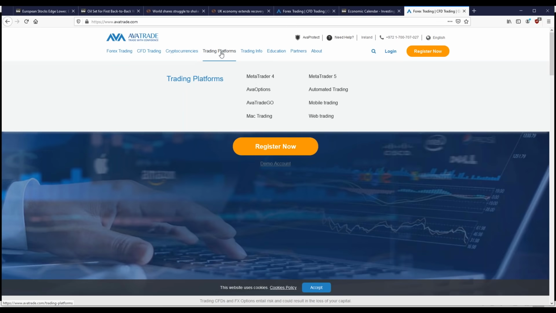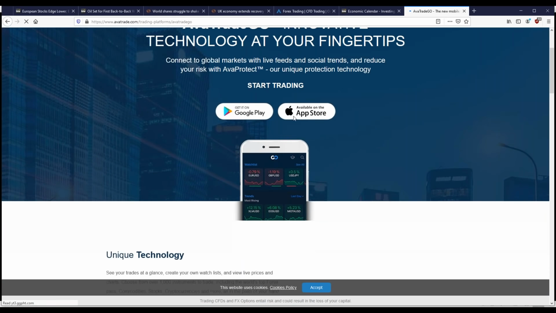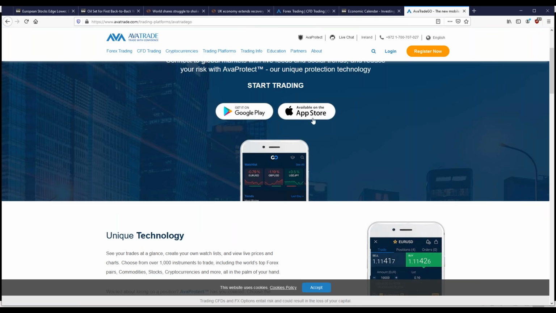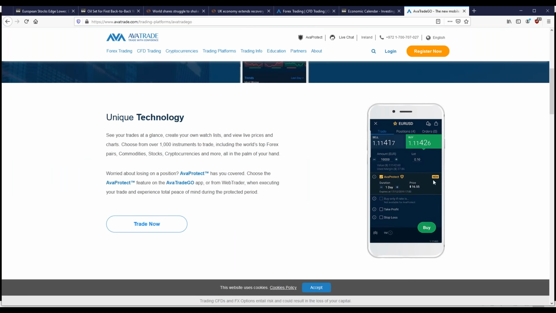If you want to use the AvaTrade Go mobile app, you can find it here, AvaTrade Go. You can download it in your app store onto your mobile devices, and you'll see Ava Protect as an option for gold, silver, and FX pairings. You can set the length of coverage, whether it's by the hour, by the day, etc. There's a small premium cost.